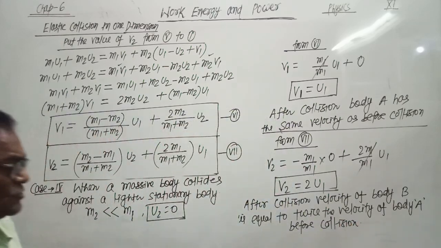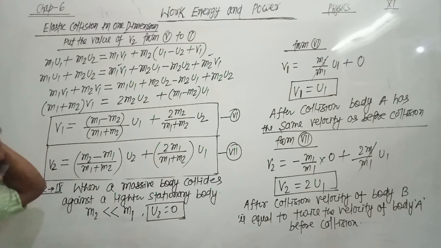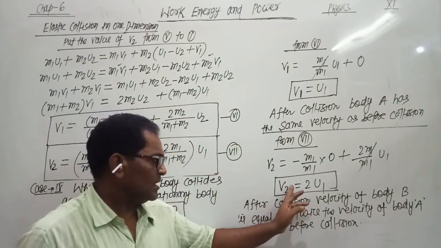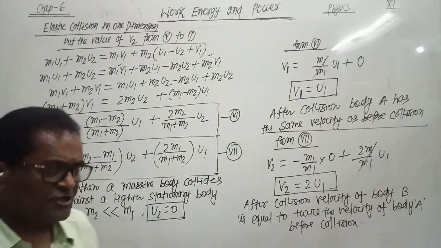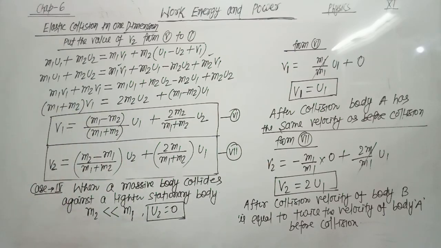V2 equals twice U1 means after collision the velocity of body B is equal to twice the velocity of body A before collision.